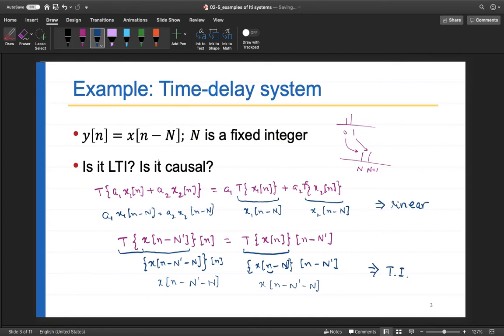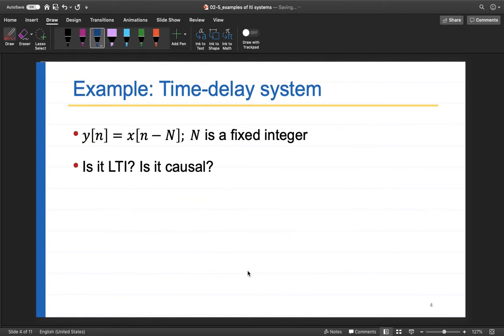Okay, now let's look at another property, which is causality. Is this system causal? We know the definition of causality, that our output should depend only on the input which it has already seen.